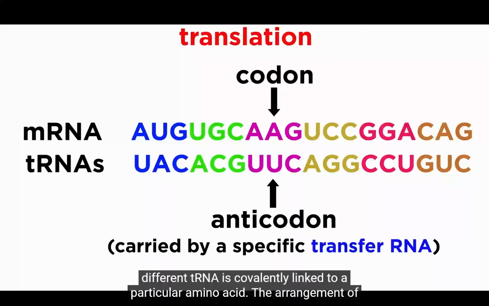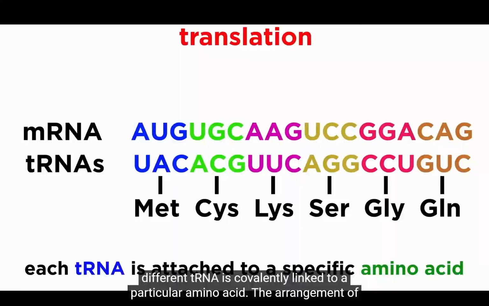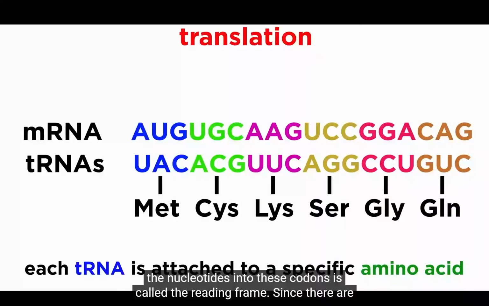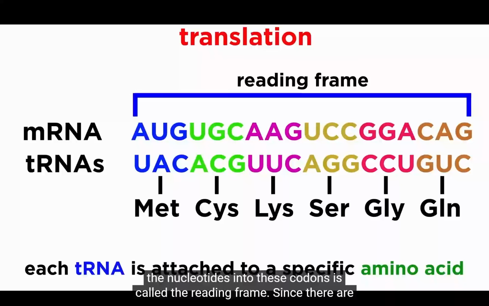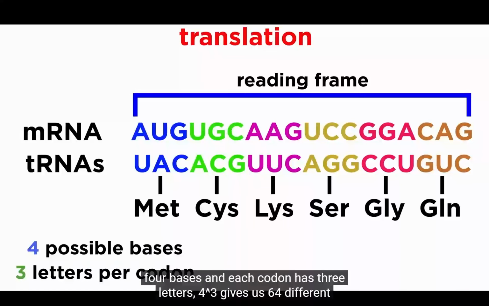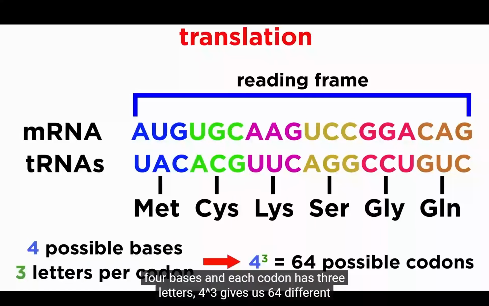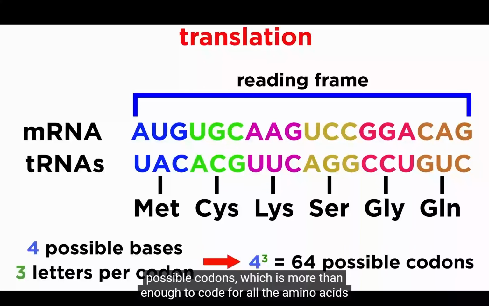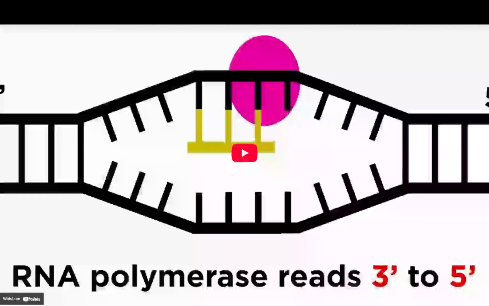And each different tRNA is covalently linked to a particular amino acid. The arrangement of the nucleotides into these codons is called the reading frame. Since there are 4 bases and each codon has 3 letters, 4 cubed gives us 64 different possible codons, which is more than enough to code for all the amino acids we need.